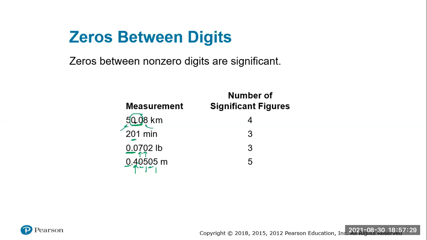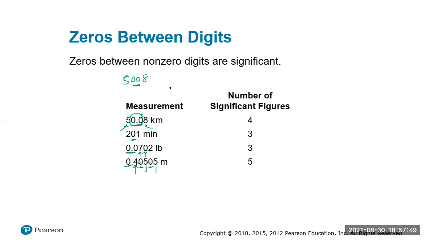So they're considered trapped zeros or captive zeros, which means they're always going to be significant. So regardless of whether the decimal point was there or not, those zeros would be significant. For example, if you just wrote 5008 like that, it would still be significant because they're trapped between 2 non-zero numbers.